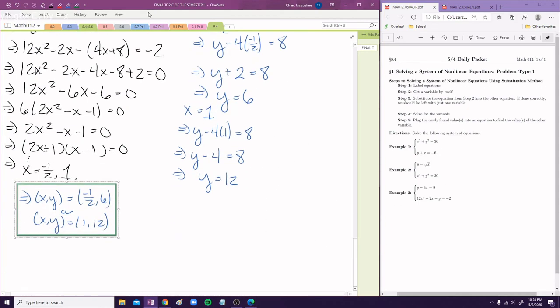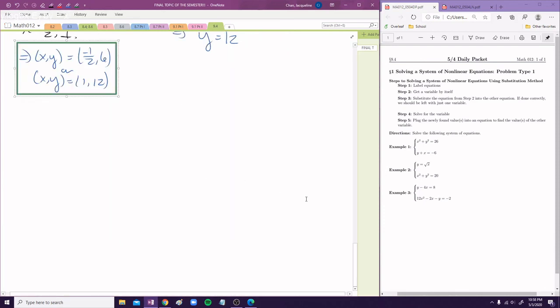One thing I do want to note before ending this video, there might be times where you're given x squared plus y squared equals 25, and let's say, I don't know, 4x squared plus y squared is equal to 30. Something like this. I really don't know if this works, because I just made it up. So say we had something like this, though.